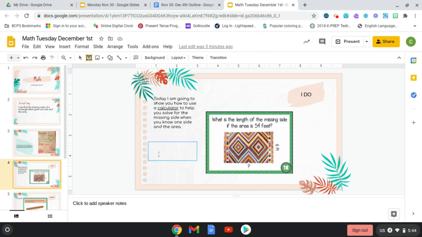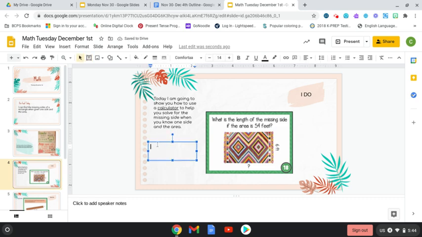The equation that I'm picturing is 6 feet times, I don't know, equals 54 square feet, because they gave us the area of 54 and they gave us one side length. So the question is, if all of this is 54 square feet, what do I know? How am I going to find this missing side?